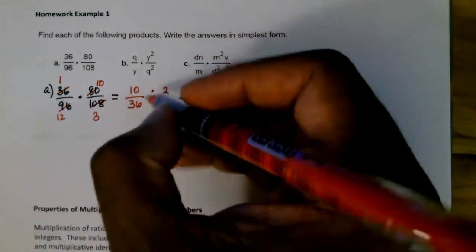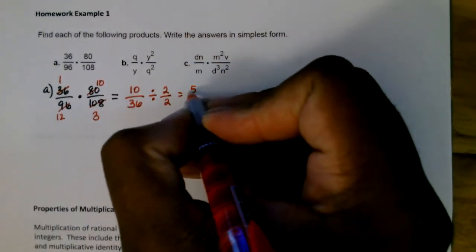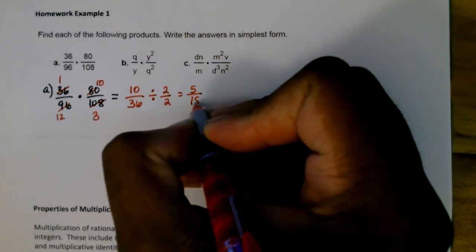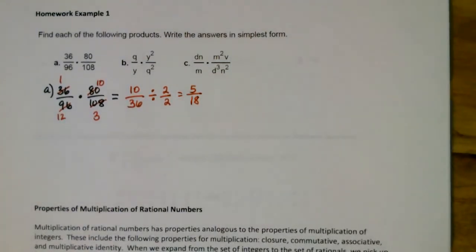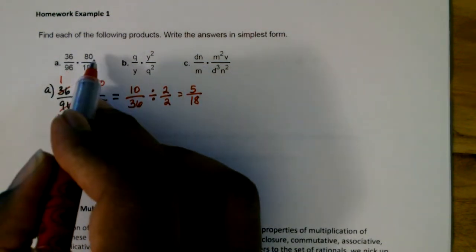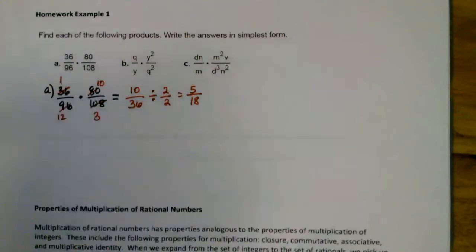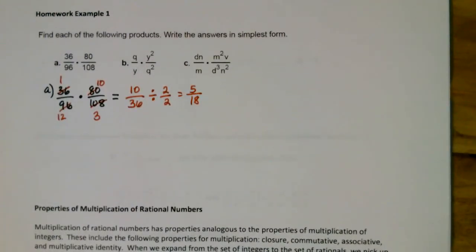So here, 2 goes into 10 5 times, and 2 goes into 36, 18 times. So 5/18 would be the answer to that problem in simplest form. Okay. Now, again, you can multiply numerator times numerator and then denominator times denominator, but you're just going to have to keep reducing until it is reduced to simplest form.